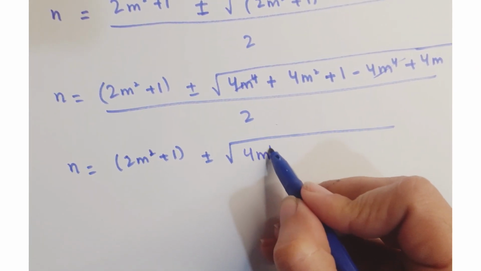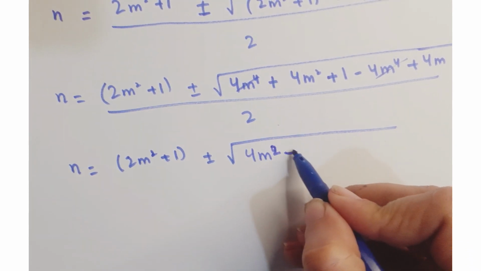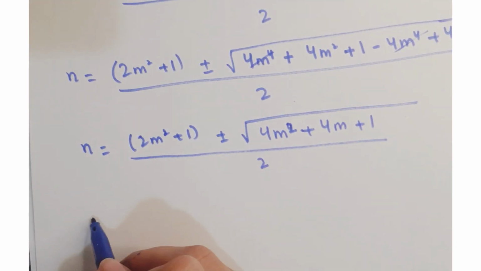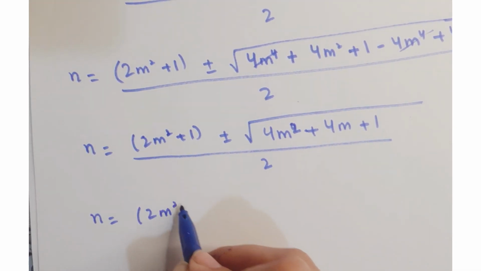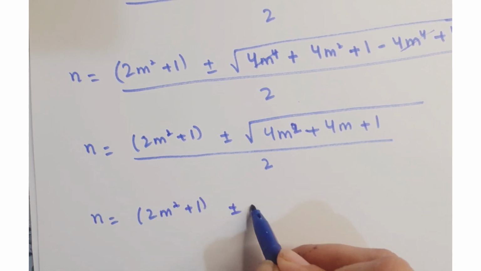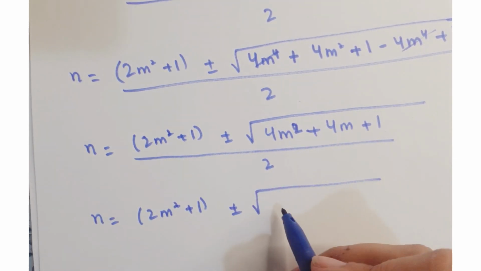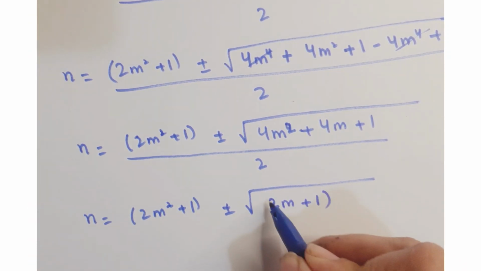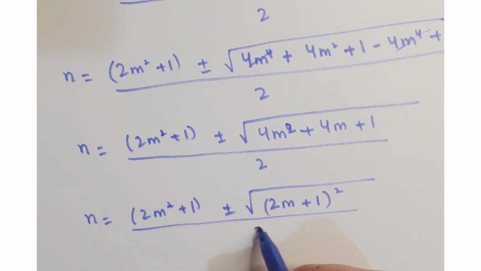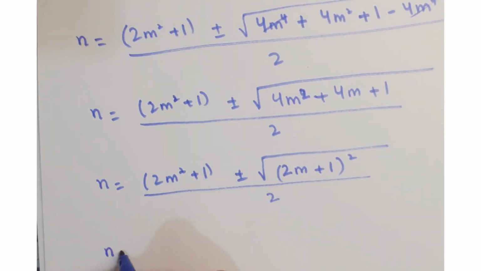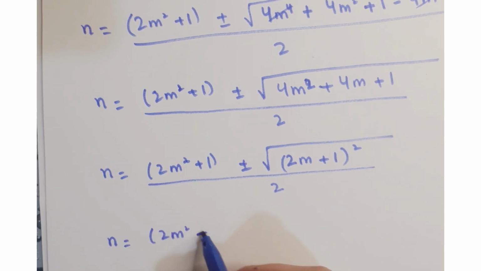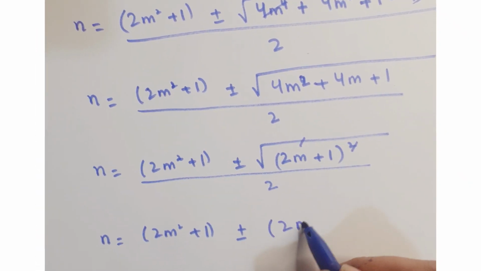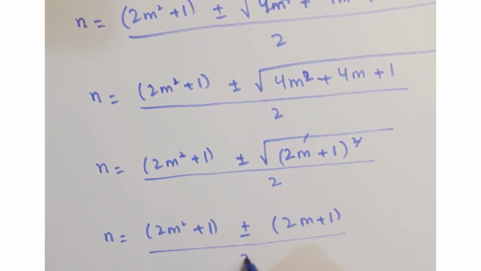So we are left with 4m square plus 4m plus 1 upon 2, or you can say 2m square plus 1 plus minus. Now this is an algebraic formula, that is 2m plus 1 whole square upon 2. Further, you can write it as 2m square plus 1 plus minus, this root and square gets cancelled, 2m plus 1 upon 2.